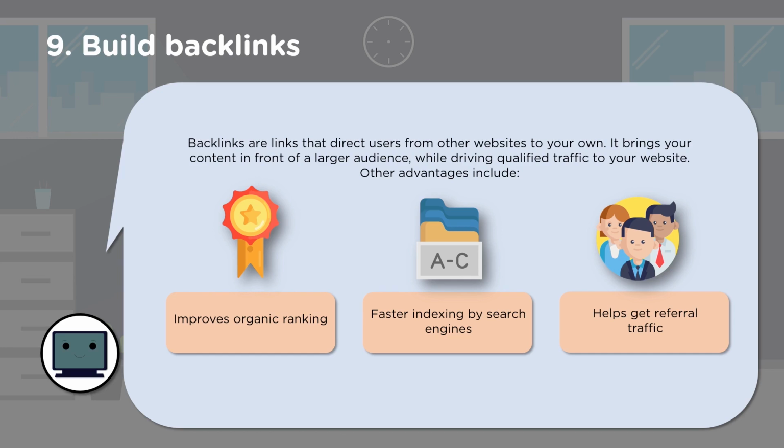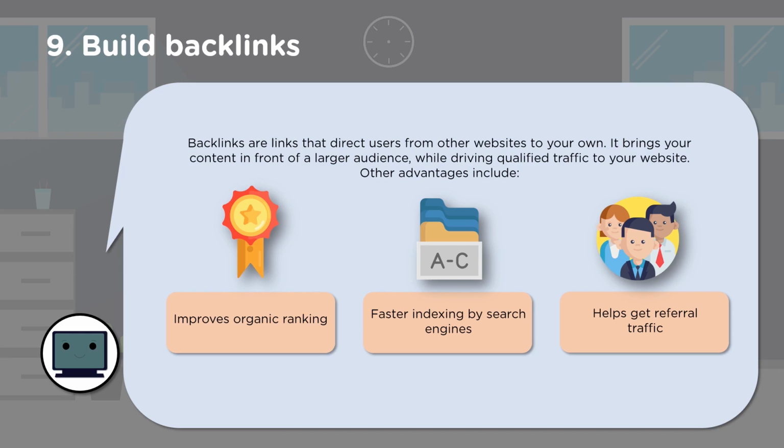Because if somebody's on a relevant website that's linking to yours, and they click on that link and go to your website, it's likely going to be qualified, meaning they're going to be relevant. And so backlinking, because it's an off-page strategy. Why is it an off-page SEO strategy? Because if Google crawls that other site that has a link to you, then that's going to give you credit because Google will say, hey, this site's getting some links from some relevant sites.